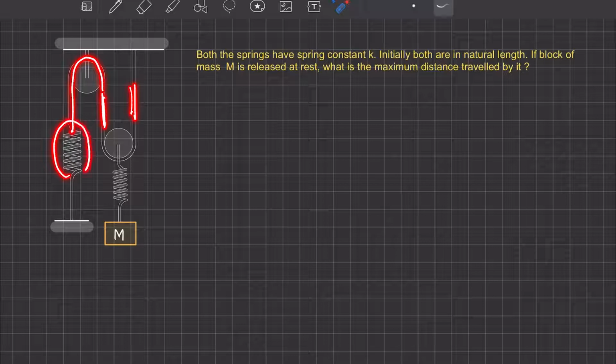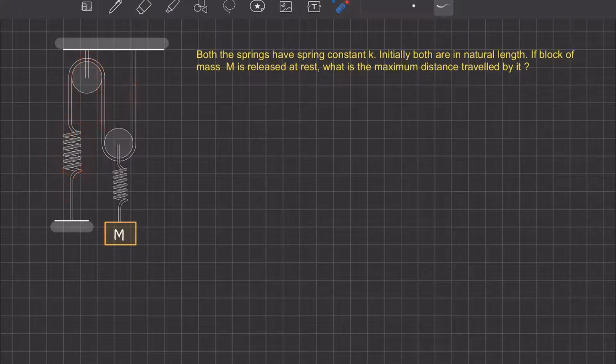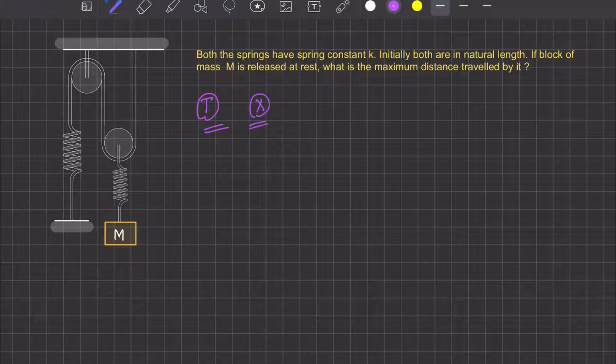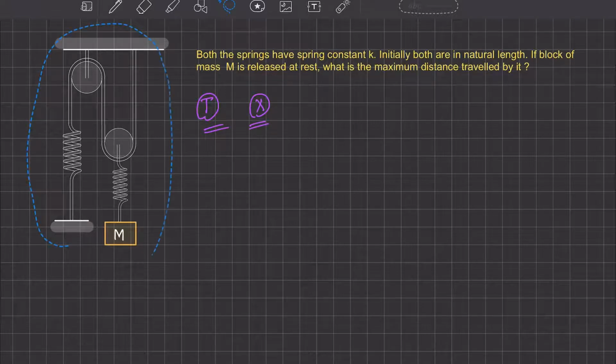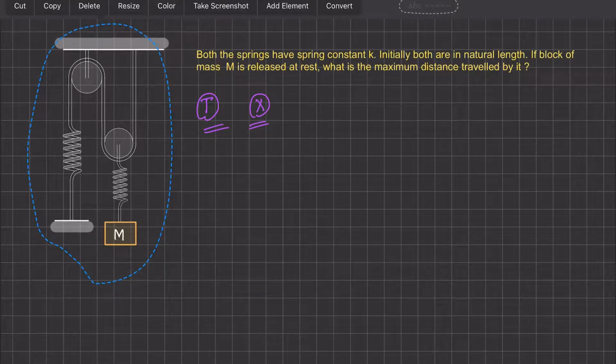That means this spring will also get some tension. So we need to take care about the tensions in the springs, and the extensions. These two things we need to be certain about. Now let's copy the diagram and try to solve the problem.